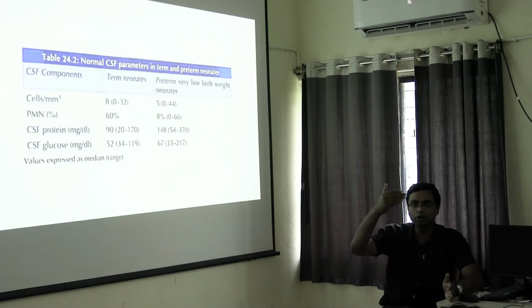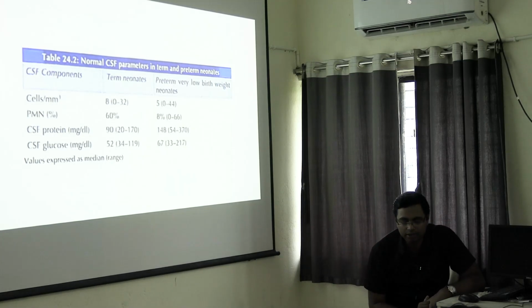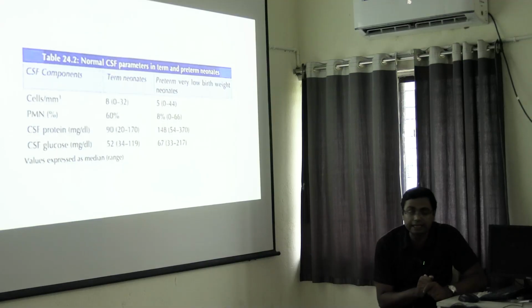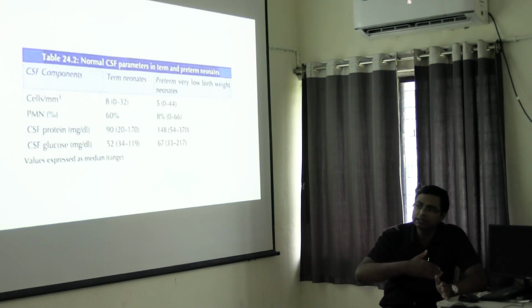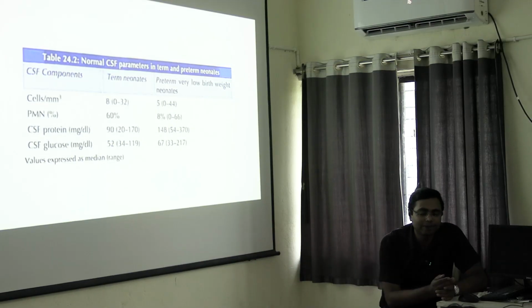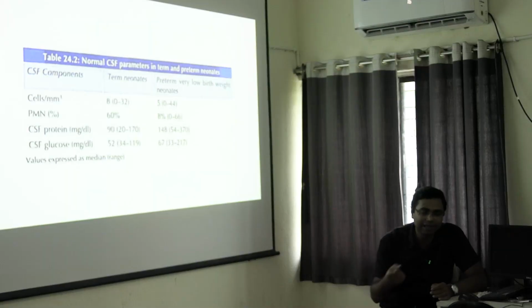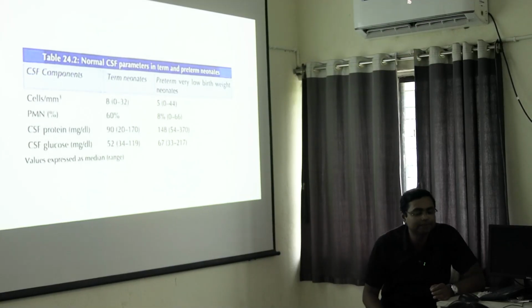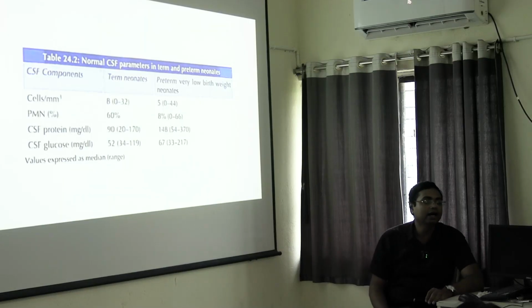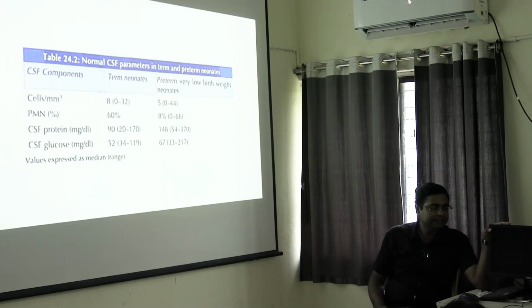Why? Because the blood-brain barrier in newborns and preterm newborns is not matured. So there is always free flow of protein, blood, white blood cells and glucose between the blood and the CSF. The permeability between CSF and blood is much higher in preterm neonates.